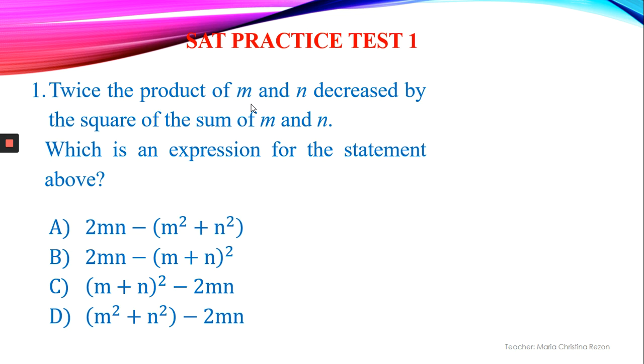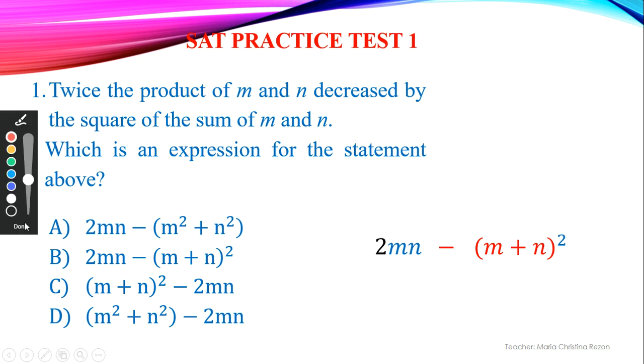So you have the product of m and n, twice that, so you have 2mn. Decrease, that is minus, by the square of the sum of m and n. The sum of m and n, that is m plus n, square it, so you will have m plus n squared. So our answer will be letter B.